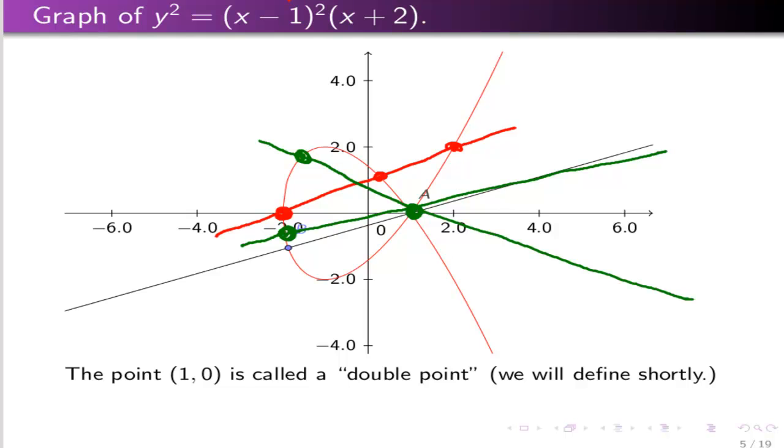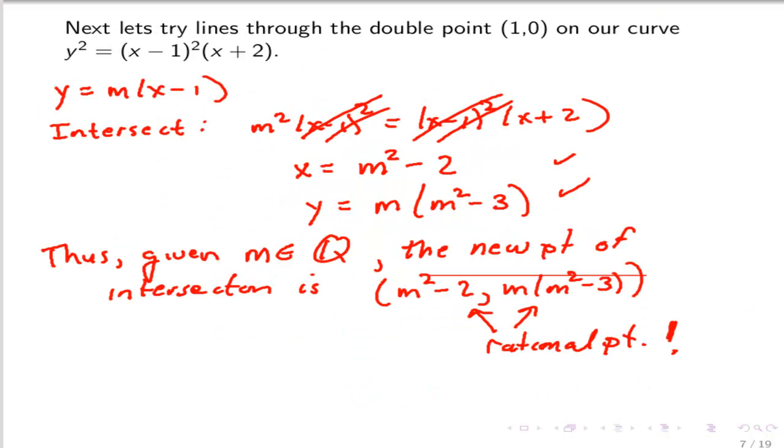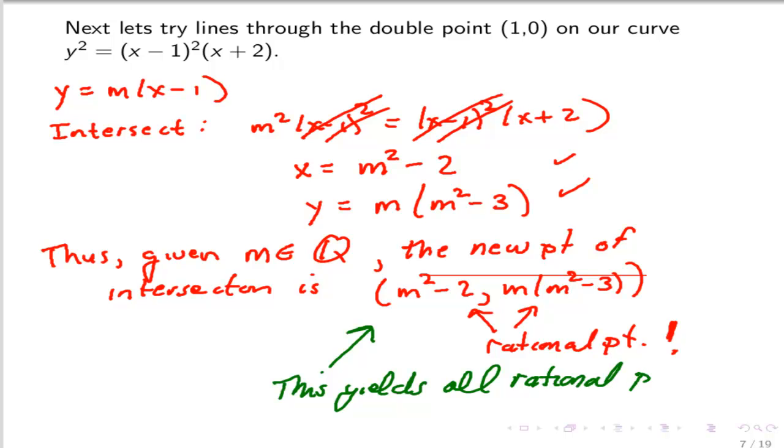And so we can then parameterize every point on that curve. So this gives us all rational points, together with 1, 0. You have to throw that in. So it works just like the conic sections work when we have that double point.